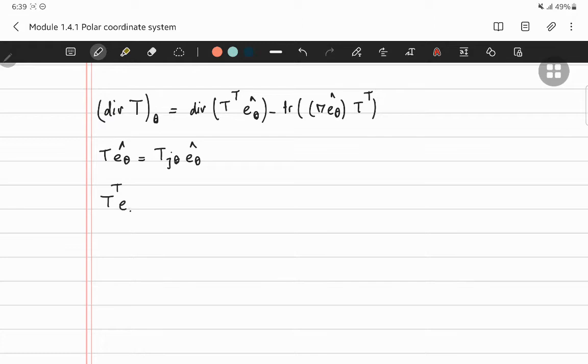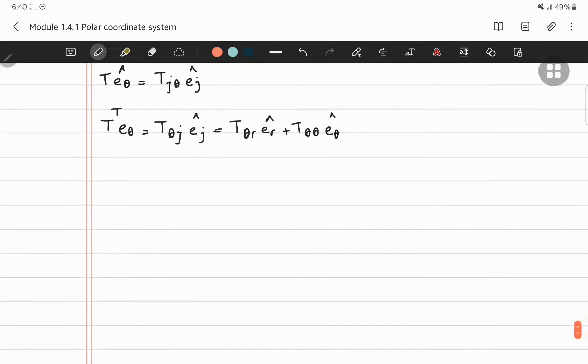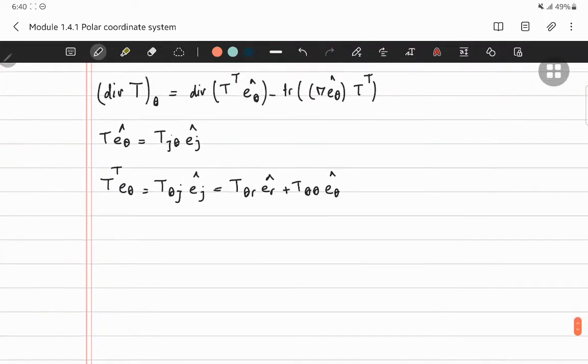Therefore, T transpose e_θ is T_θj e_j. Oh, sorry, this is e_j. J can be r and θ: T_θr e_r plus T_θθ e_θ. All right. So I have this and the divergence for this. This is V_r and this is V_θ.